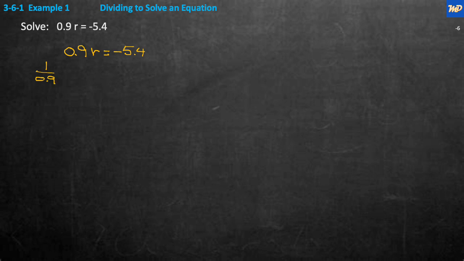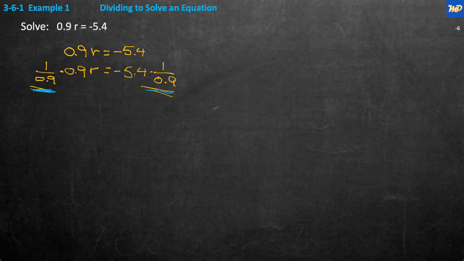So that's 1 over 0.9 times 0.9 times r, equal to minus 5.4 times 1 over 0.9. Remember, you have to do the same thing on both sides of the equation. I'm going to underline that in blue here. You have to do that on both sides.